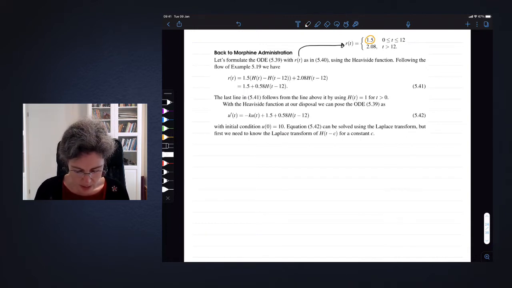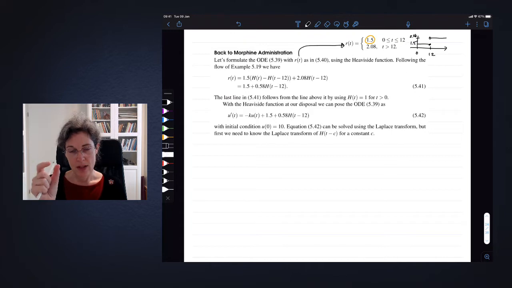So we had something that looks like this. There's 12, and we have something like so, starting from time t equals 0, that's a 1.5, and then at 12 we increase to 2.08.